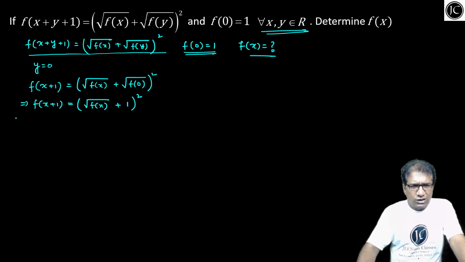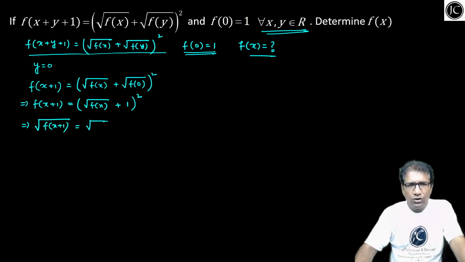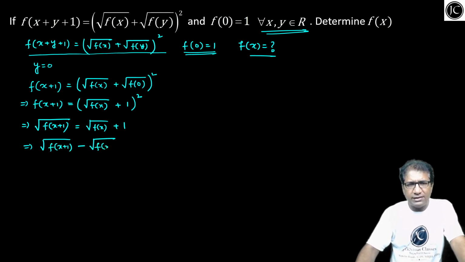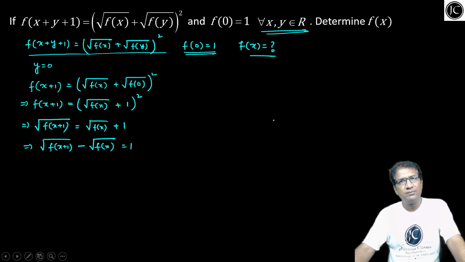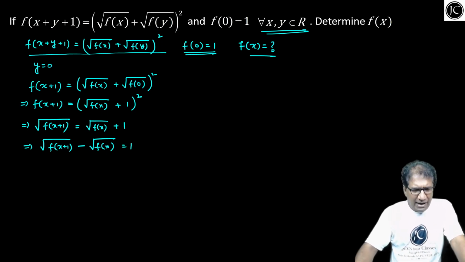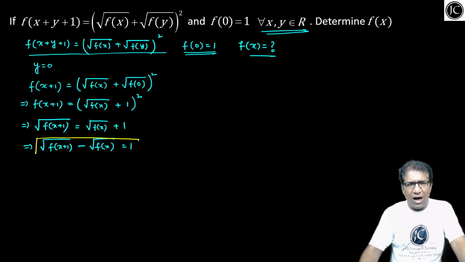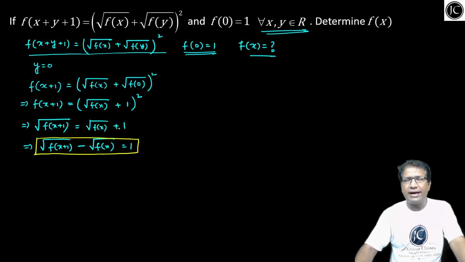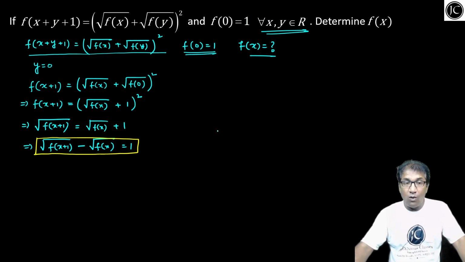Okay. इस स्क्वायर को पहले हटा दो. मतलब अंडर रूट f of x plus 1 equals to रूट ओवर ऑफ fx plus 1. इसका मतलब क्या हुआ? रूट ओवर ऑफ f of x plus 1 minus root over of fx is equals to 1. Is it clear? So मुझे मिला क्या? रूट ऑफ f of x plus 1 plus root of fx. This is equals to 1.